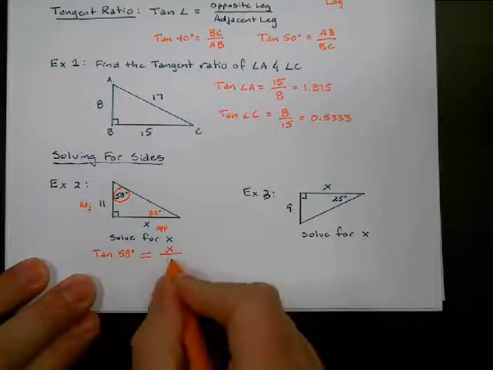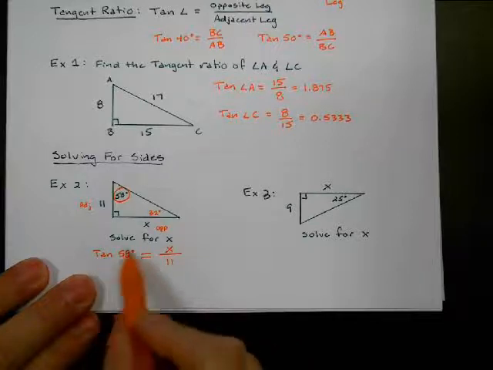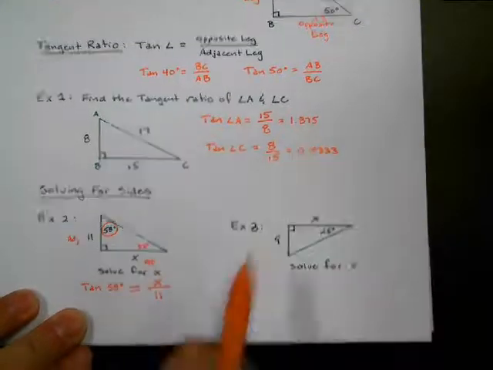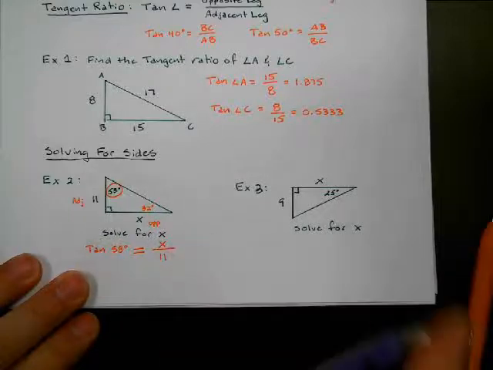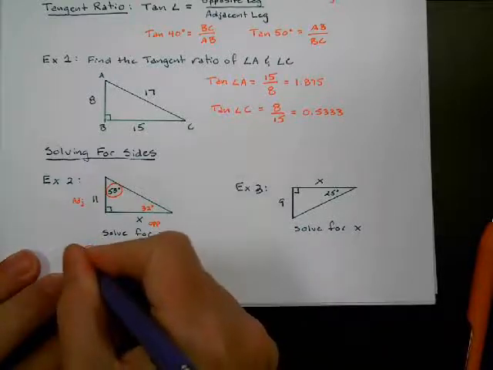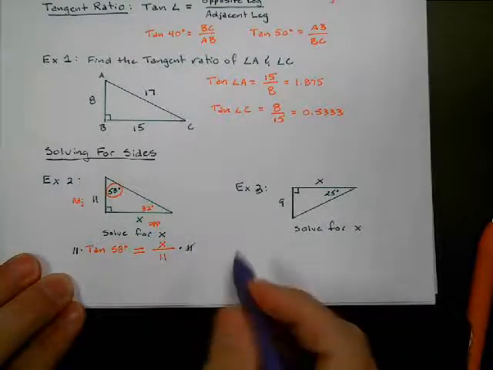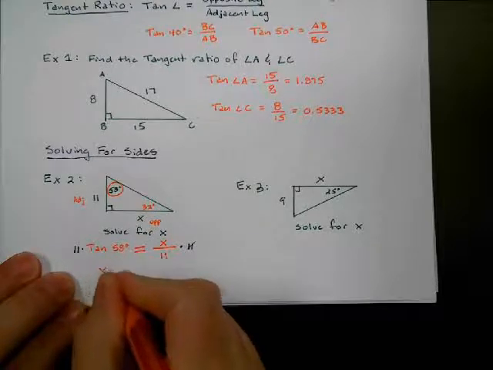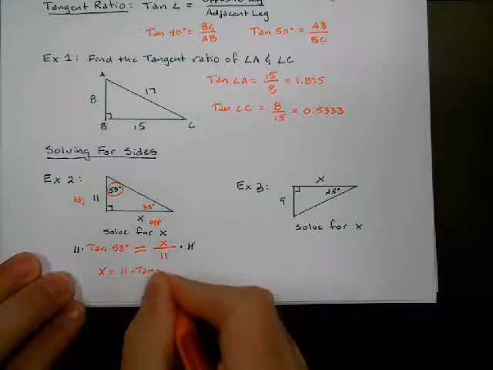Now we want to find out what x is. Well, I have my scale factor here. So that's going to be some kind of ratio, like we were doing over here. It's going to be some ratio. So if I want to get x by itself, what I can do is multiply both sides by 11. So of course, these 11s would cancel out here, and I'd get x is equal to 11 times the tangent of 58, which is the scale factor of that type of triangle.